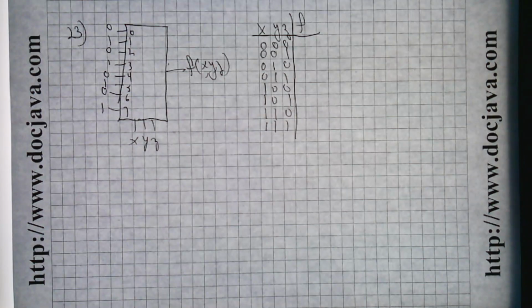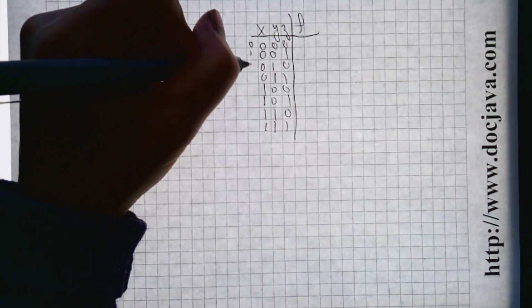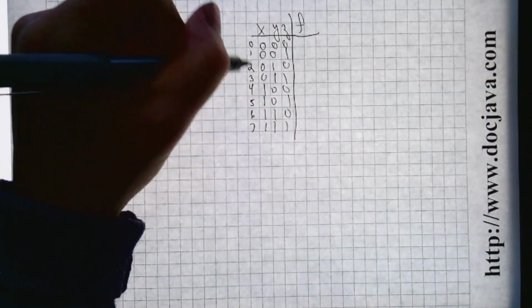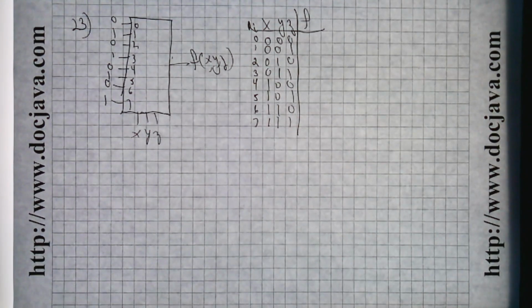Now what should I do? I'll number the truth table just because I'm a nice guy. So, what do I do, Andrew?